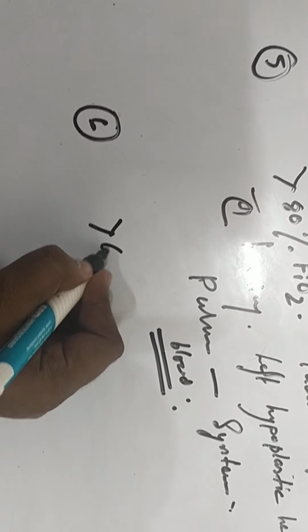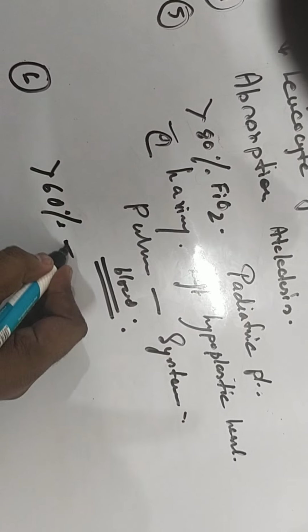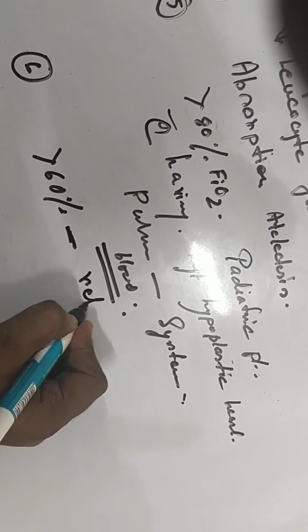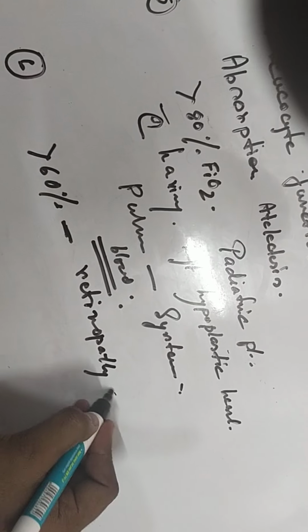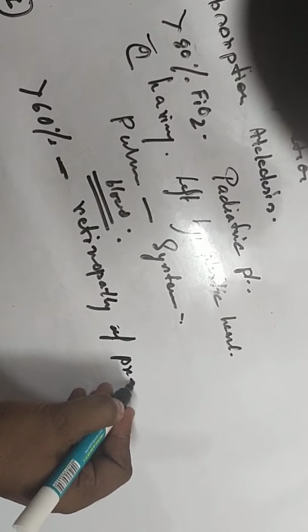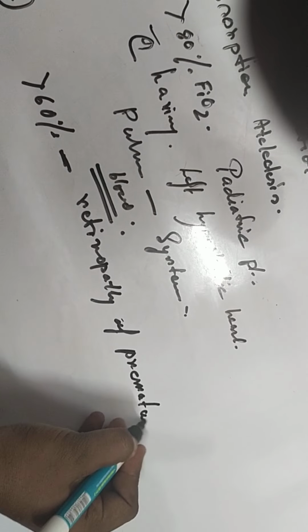In a pediatric patient, if you give more than 60% oxygen, patient may suffer from retinopathy of prematurity.